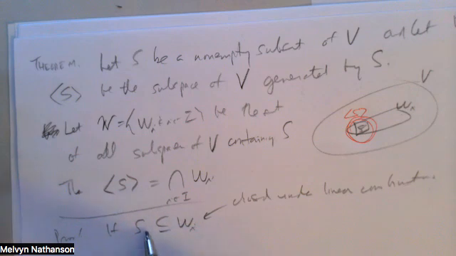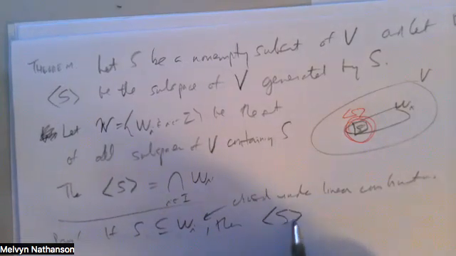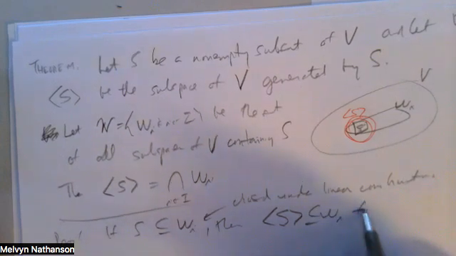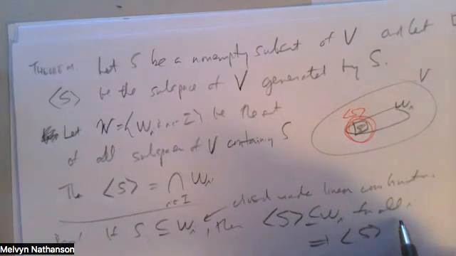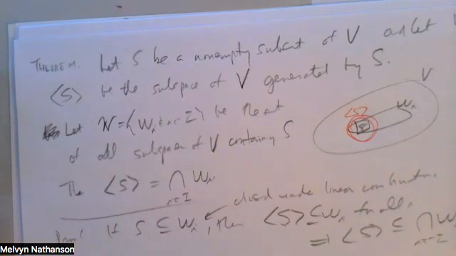So if Wi contains S, then Wi contains every linear combination of vectors in S. And the set of all such linear combinations is this subspace, S brackets. So that's contained in Wi for all i, which means that this subspace is contained in the intersection of all these Wi's. So that's half of what we need to prove.